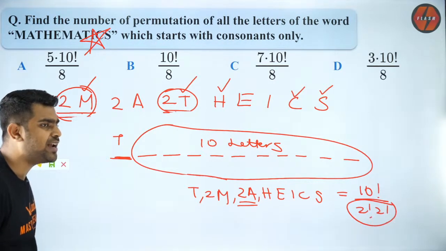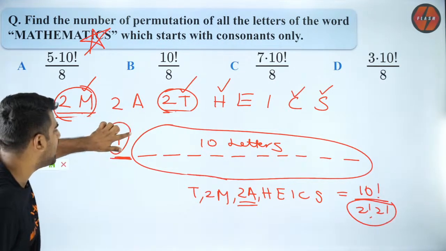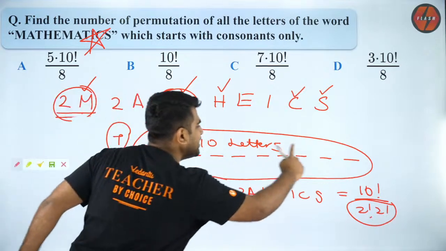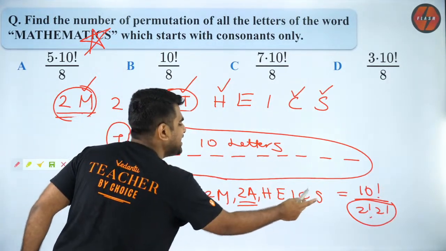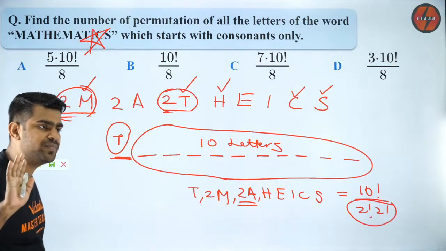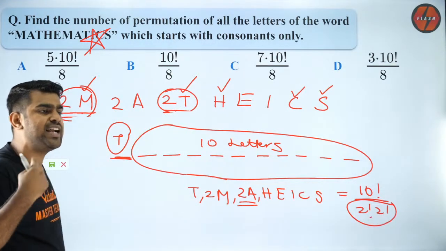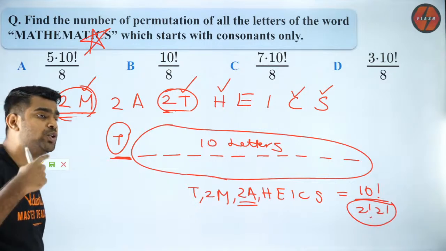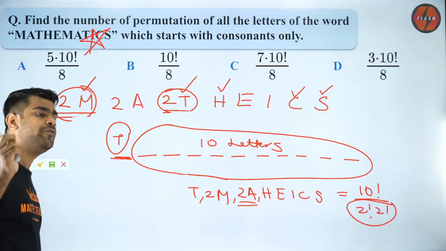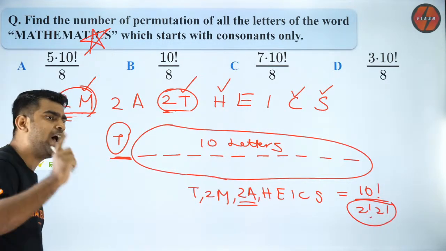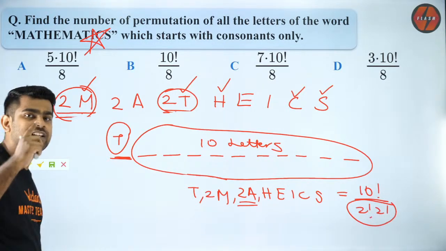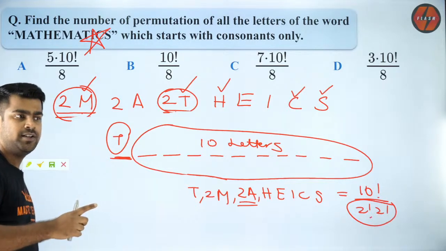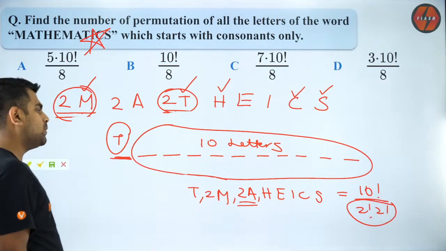Because if I use one T over here, the next T will be present in these 10 with 2 A's, 2 M's, H, E, I, C, S. Got it? I want everybody to respond. If you have a doubt, feel free to ask, because I want you to go back with a free mind and the right concept in your head. Got it? Very good, guys.